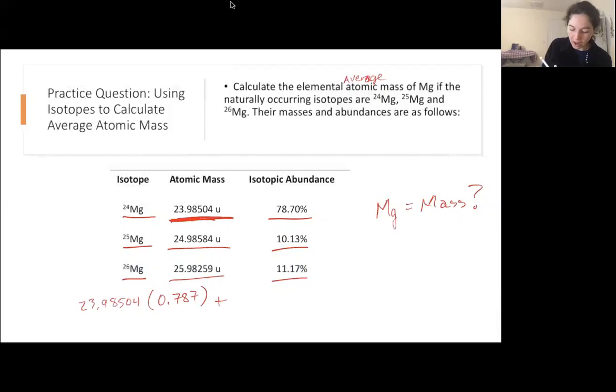Okay, we'll add these all together. 24.98584 times your percentage plus 25.9829 times your percentage.